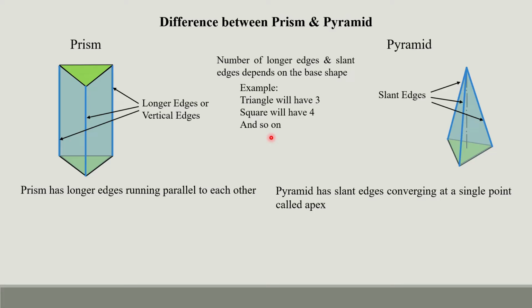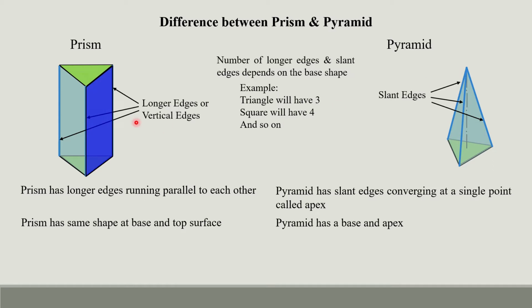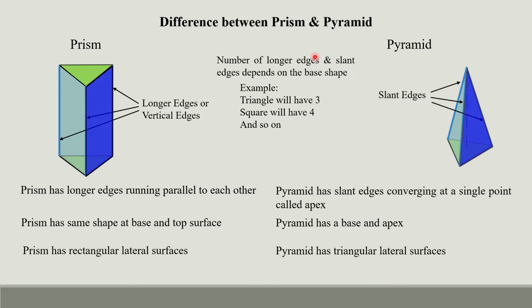Another difference we can see is that in a prism, the same shape is available at the base and at the top surface, whereas a pyramid will have a base and an apex instead of a top surface. Also, the shape of the lateral surface for a prism will always be rectangular, or square in the case of a cube, whereas in a pyramid, the shape of the lateral surface is a triangle.